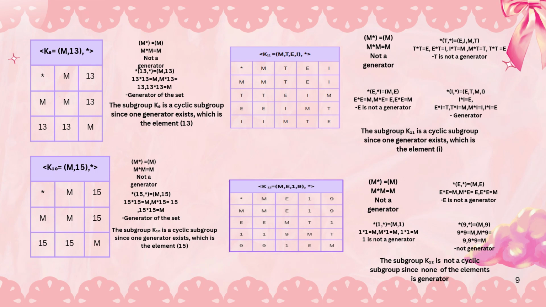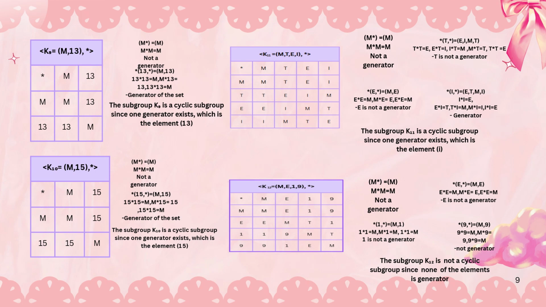Let's try I: I operates I is equal to E, then E operates I is equal to T, T operates I is equal to M, and M operates I is equal to I. Therefore, it is a generator because all the elements exist. So the subgroup case 11 is a cyclic subgroup since one generator exists, which is the element I.